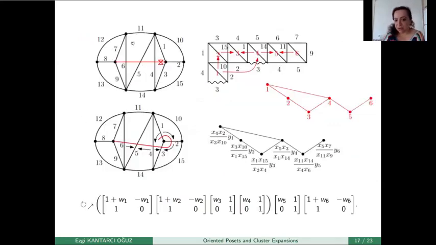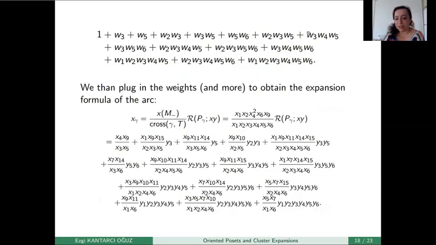And we can also do it in other settings. So when we have these small loops, then we use another looping operation in addition to these matrix multiplications. But we again look at the top left entry, then we plug in the weights and multiply by these coefficients. And then this is the sort of thing we were looking for, this expression for the cluster variable of the curve.